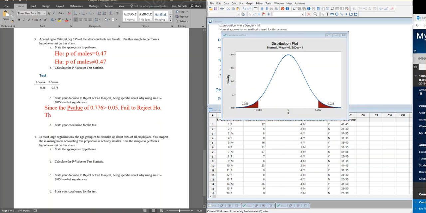So critical values are below negative 1.96 and above 1.96.